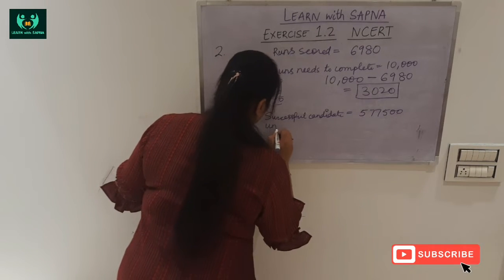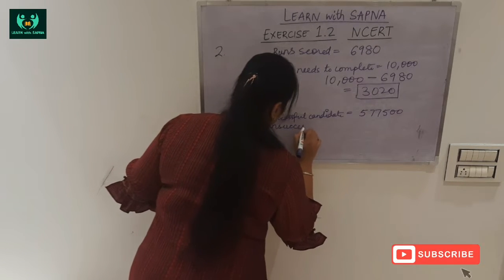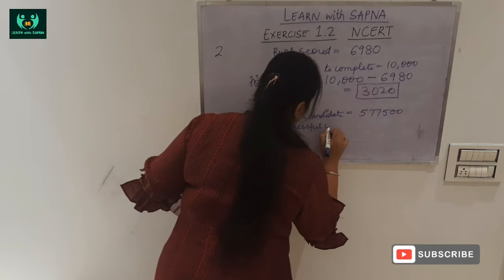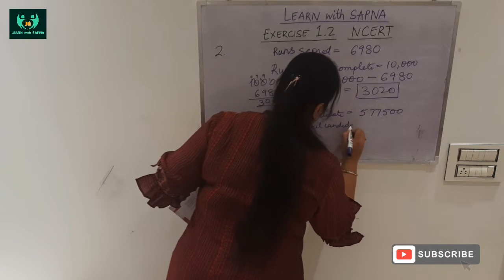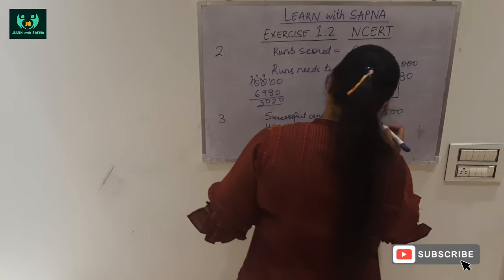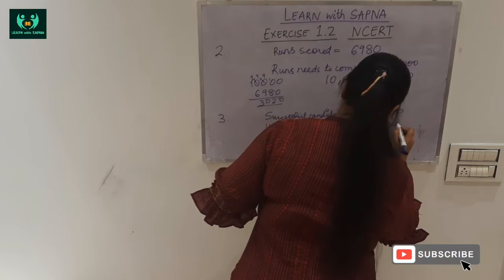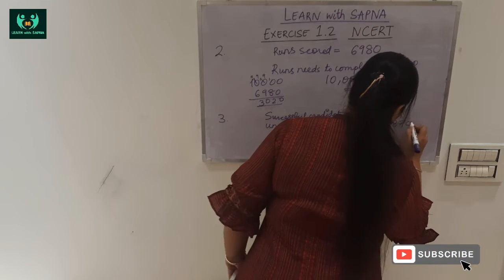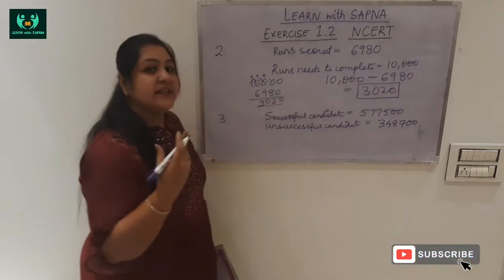The unsuccessful one or the rival, we can say candidate, scored how many votes? 3,48,700.